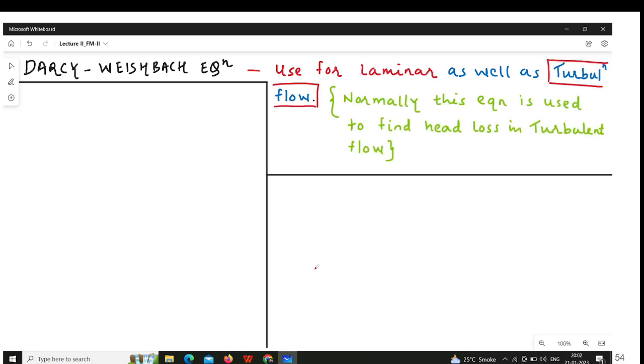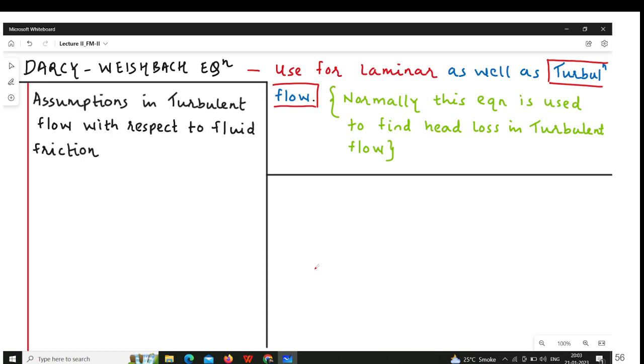So since it is used for turbulent flow, we have to see the assumptions for fluid friction in turbulent flow. We have some assumptions of fluid friction in laminar flow as well as in turbulent flow, but most often the Darcy-Weisbach equation is used for turbulent flow. That is why when we are dealing with fluid friction, we have to see assumptions in turbulent flow.